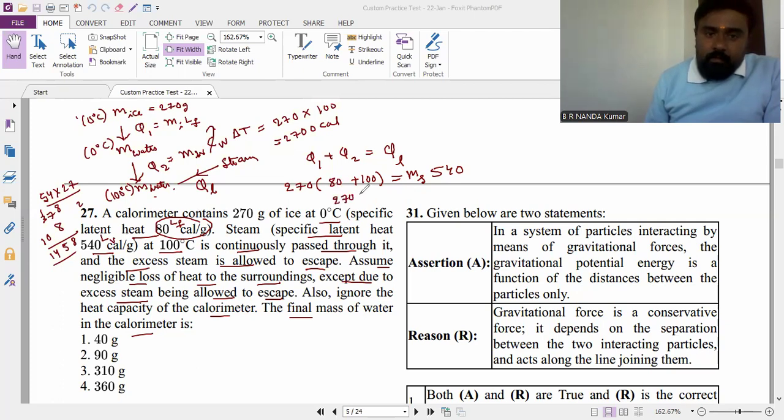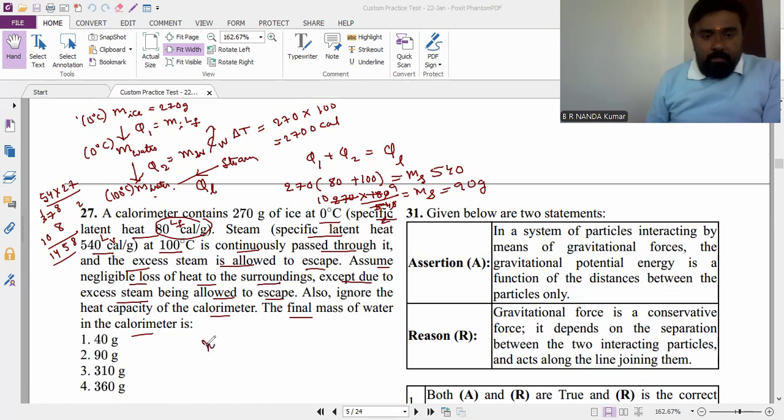270 into 180 divided by 540 is the mass of steam. So the 0 cancels, 27 tens are 270, so 1s are 9s are, and this is 90 gram.